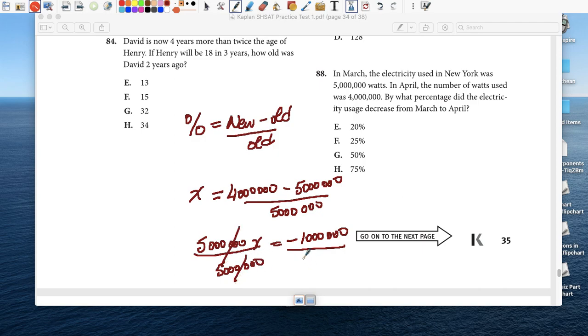That simplifies to negative 1 over 5, which is going to give us negative 0.2. We change that to a percentage, and it becomes 20%. So there was a decrease of 20%. Now I know I'm right because my answer is negative, and if it's negative, it's a decrease.